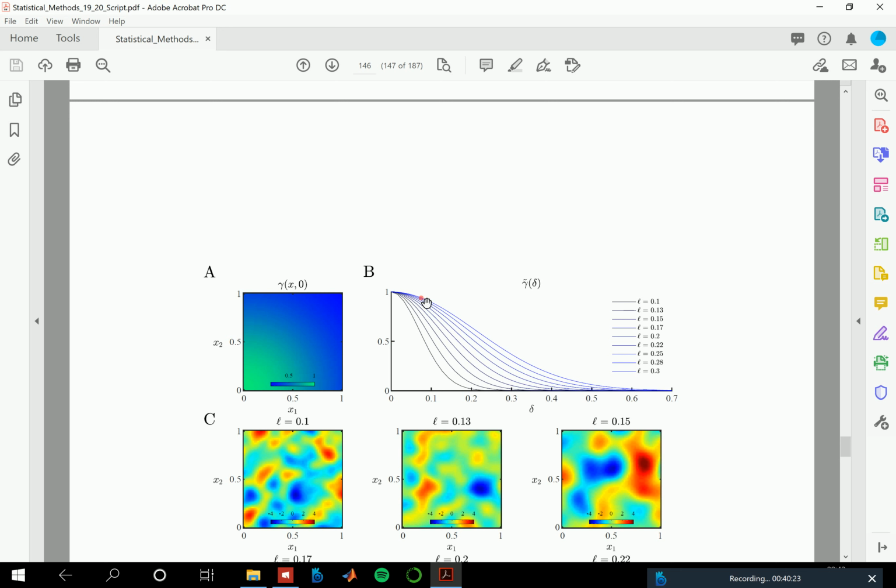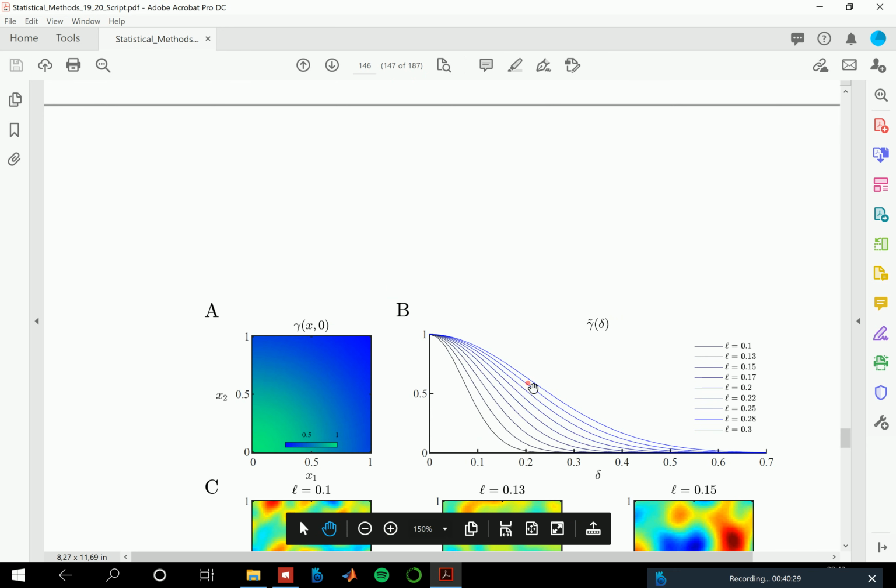So for this bluish thing, you can have relatively high covariation still at 0.3 distance. For this red one, you have already quite small covariance already at 0.1.